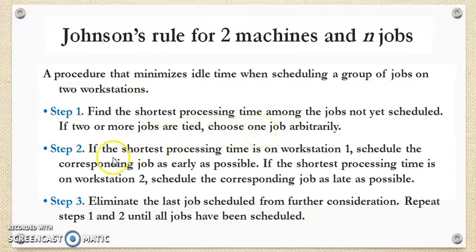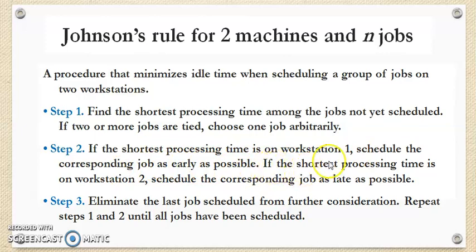In step 2, we consider if the shortest processing time is on workstation 1, that is on machine 1, then schedule that job as early as possible. That means if the shortest processing time is on machine M1, schedule that job first, on the left hand side.